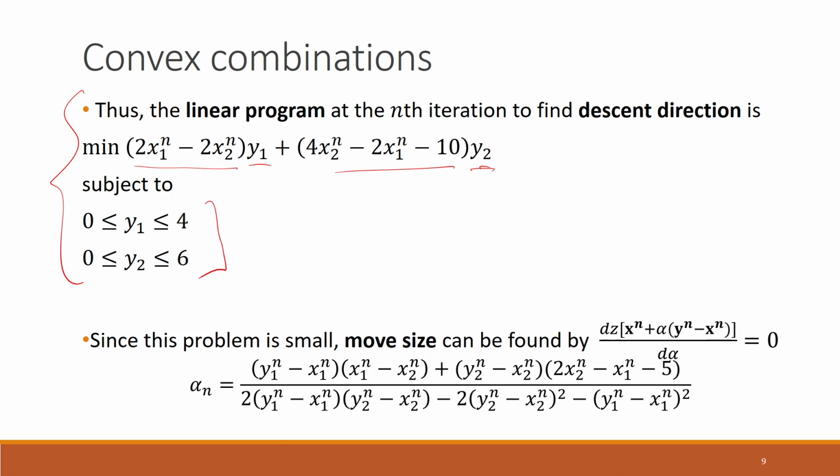Now another important step that we will be requiring is the move size, that is how much to move along in this direction that we find, yn minus xn. For that, although we should ideally use an interval reduction method, since this problem is small, the move size can also be determined by taking the derivative of this equal to 0.